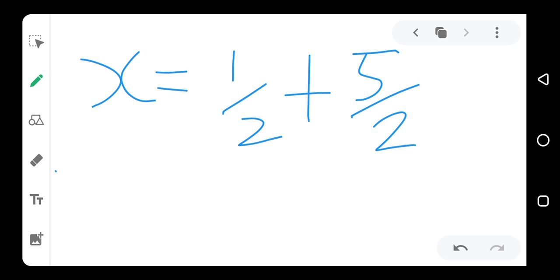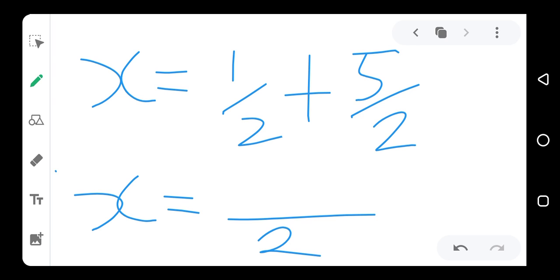So we have x is equal to, we take the LCM, 2 over 2 divided by 2 is 1. 1 times 1 is 1. Then plus 2 divided by 2 on the other side is 1, and 1 times 5 is 5.